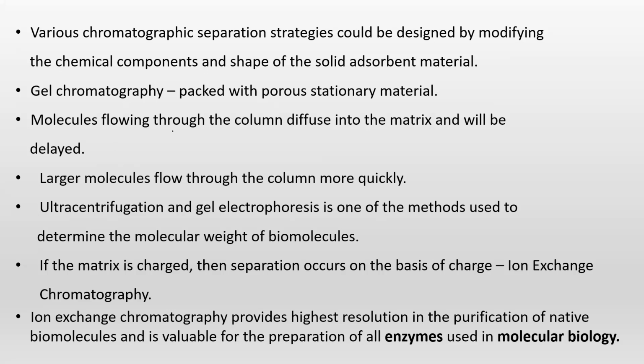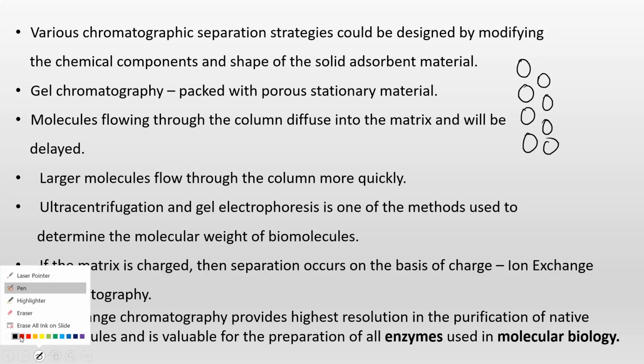Now molecules will flow through the column, diffuse into the matrix, and be delayed. We also saw that, see, if these are the beads, if this is how the column is packed with the beads, and a molecule which is small in size enters one, there is a networking system that is formed.